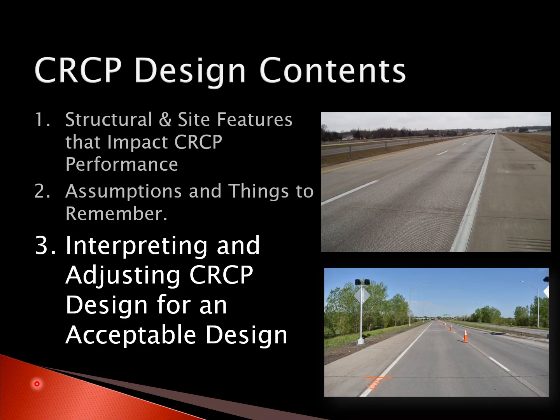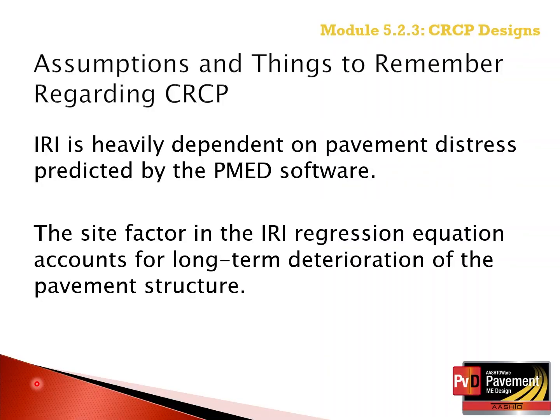This section of the module will now focus on interpreting and adjusting a CRCP design to satisfy the design criteria and reliability level selected by the user. When a trial design does not meet the design criteria or reliability level, what needs to be adjusted or changed to achieve an acceptable design?